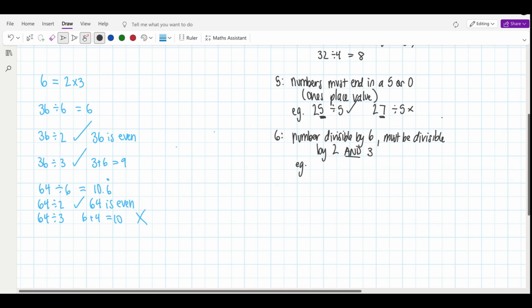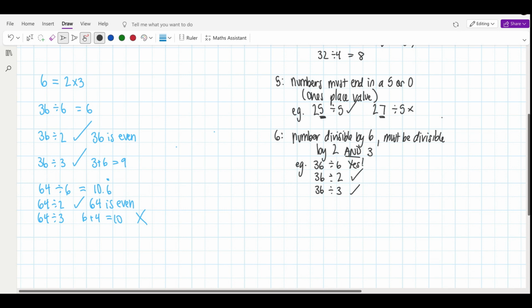We'll write our example down of 36 divisible by 6. So first check 36 divisible by 2, which works, and 36 divisible by 3, which also works. Therefore, 36 is divisible by 6.